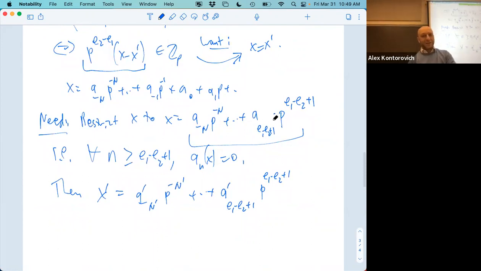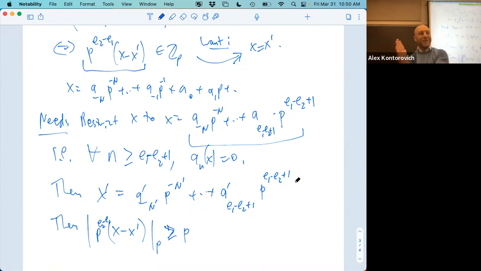If we restrict X to have this condition, in other words, all the coefficients higher up than this number, that's a minus sign, vanish, then if X prime also has this, then X minus X prime times P to the E2 minus E1, the p-adic absolute value of this is at least P. Sorry, plus 1 takes me into ZP.